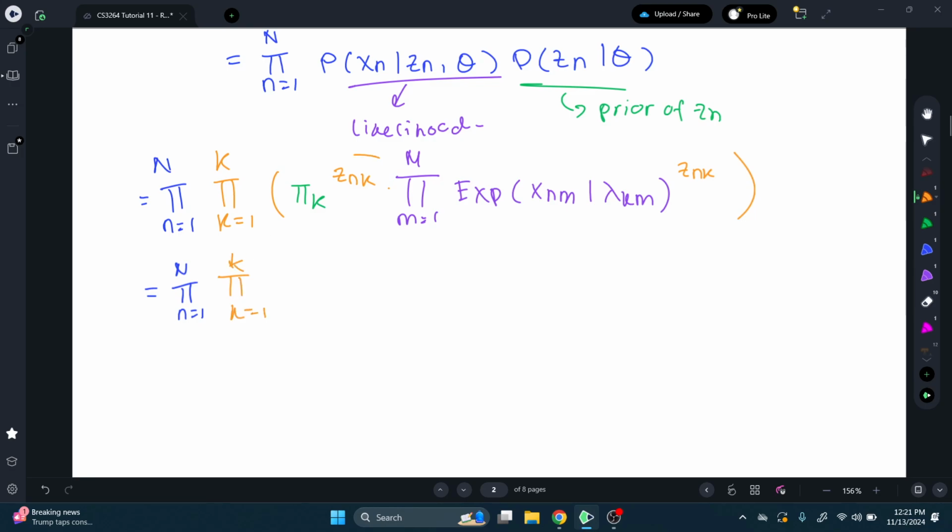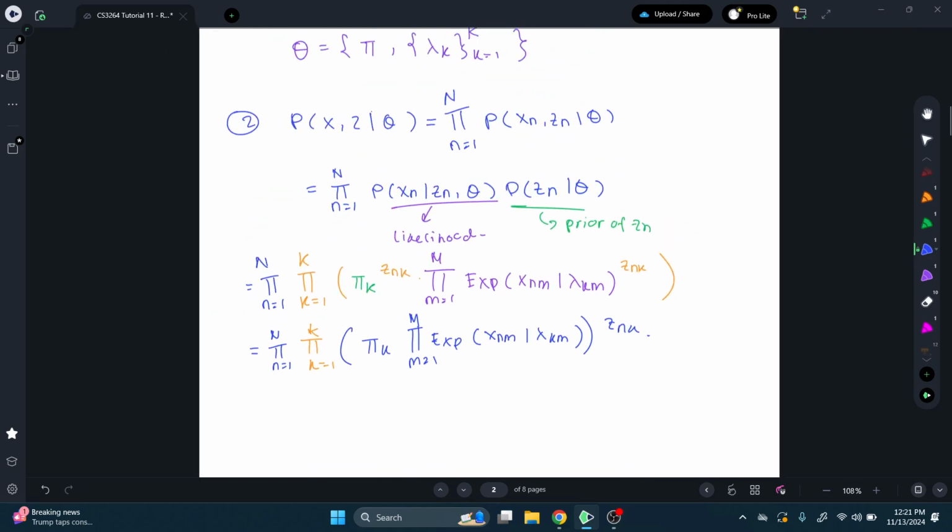Notice that this part has a znk, and this part also has a znk. So I can combine this to say this will be pi k times the product from m equals 1 up to capital M, following this exponential distribution xnm, lambda km. This will be raised to znk. Okay, so now this is my p of x, z given theta. Any questions?